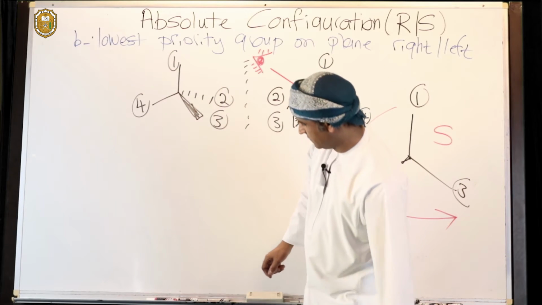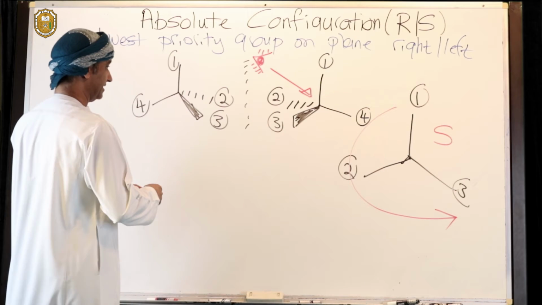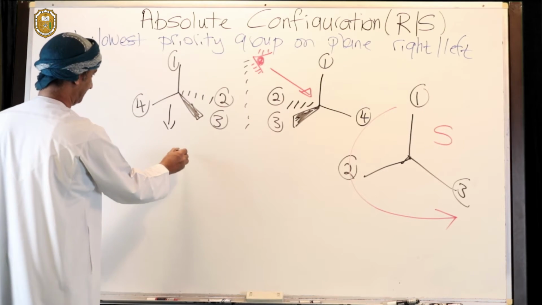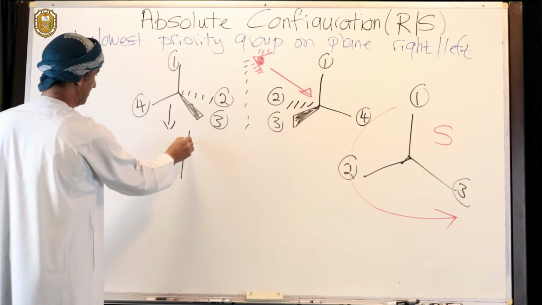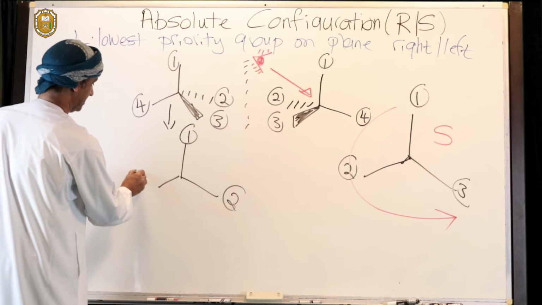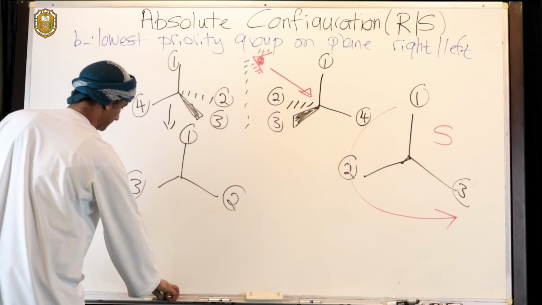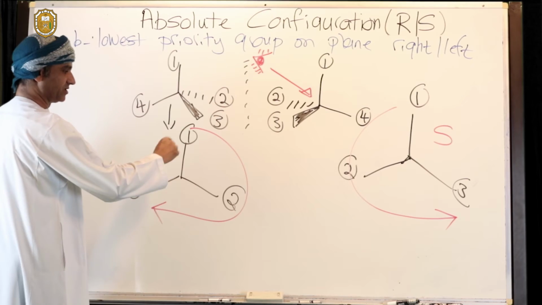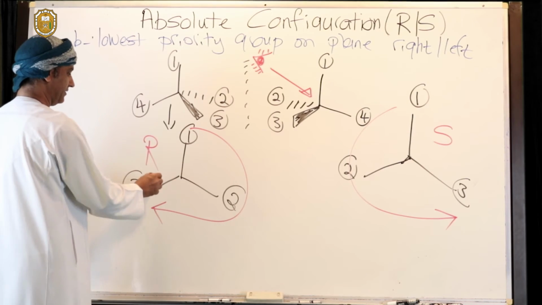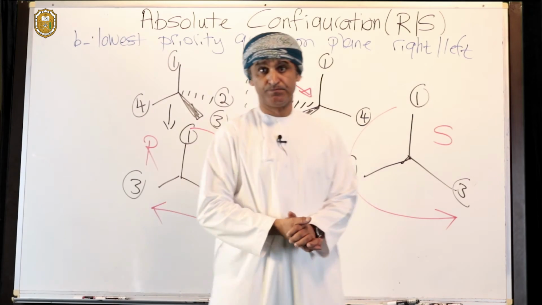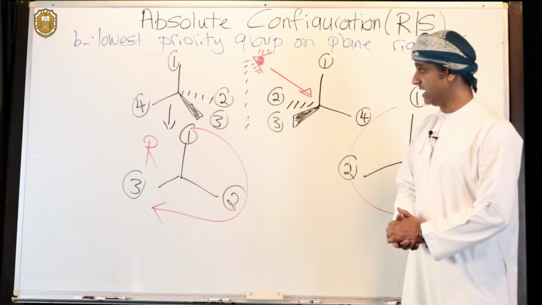If we convert that into another drawing similar to what we did before, then we get something like this. This is number 1, this is number 2, and that's number 3. And if you check rotation now, 1, 2, 3, this is clockwise, and therefore this is R. So the absolute configuration of that mirror image is R.